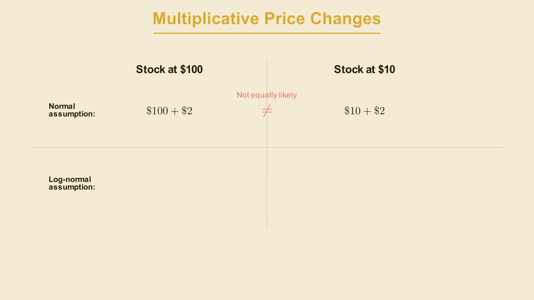So if we're comparing our two stocks, one that costs $10 and one that costs $100, the normal distribution would say that both have the same probability of having $2 added to them. That's not realistic. A $2 return on one is very different from a $2 return on the other, which is exactly why we use the log normal distribution instead, which says that a 10% return on one is similar to a 10% return on the other, which is much more realistic.